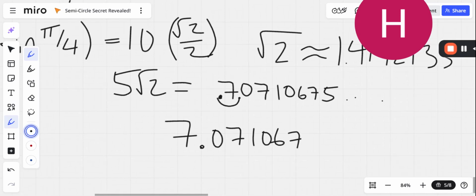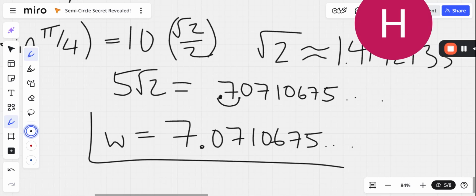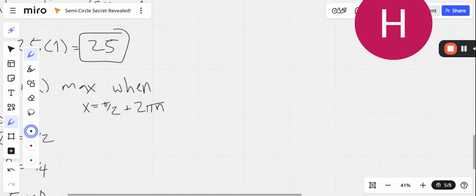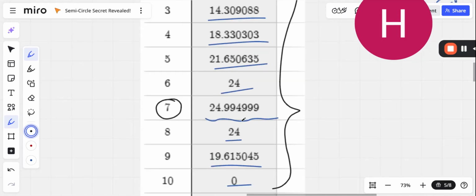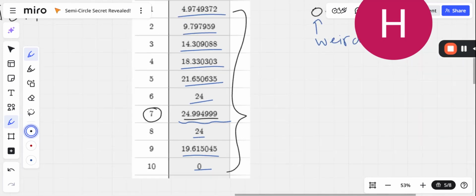And now you see how our value of 7, our estimation, was incredibly close, which corresponds to the area being incredibly close to 25 when we looked at that chart. Look at how close that area is to 25. If we just got a little closer, 7.07, we would have a much closer approximation of the area of 25.